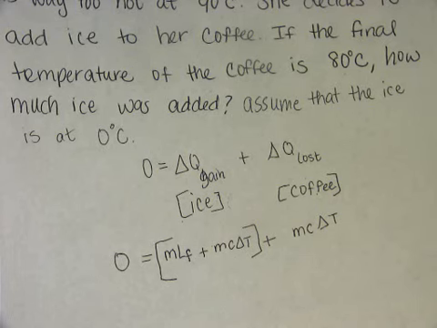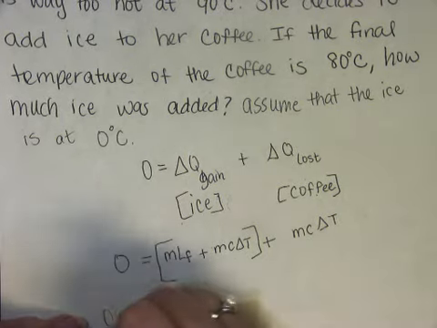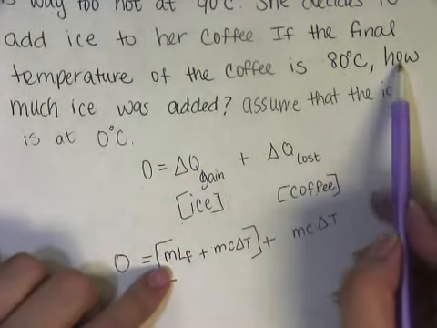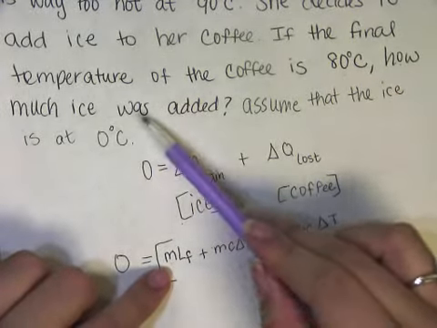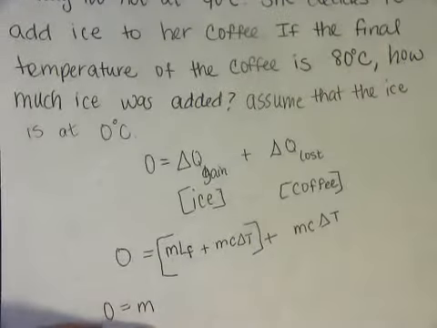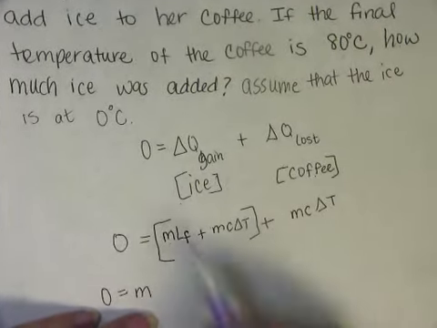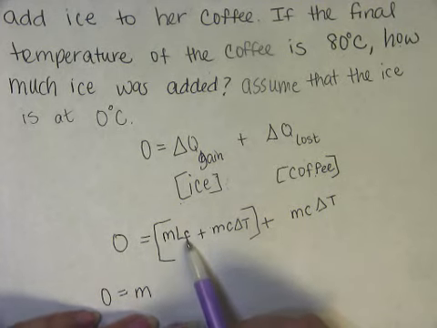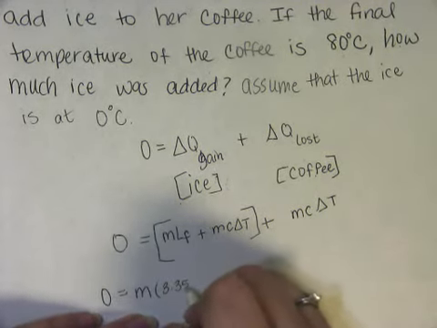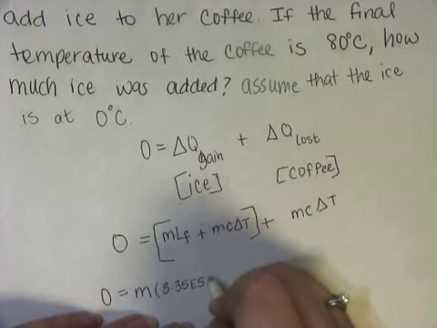The next thing that you do is start plugging in your numbers and values. M is the mass of the ice, and that is what we're looking for when they're asking us how much was added. So I'm going to leave that as an M. That is my variable. So mass times the latent heat of fusion for water, which is 3.35 times 10 to the 5th.